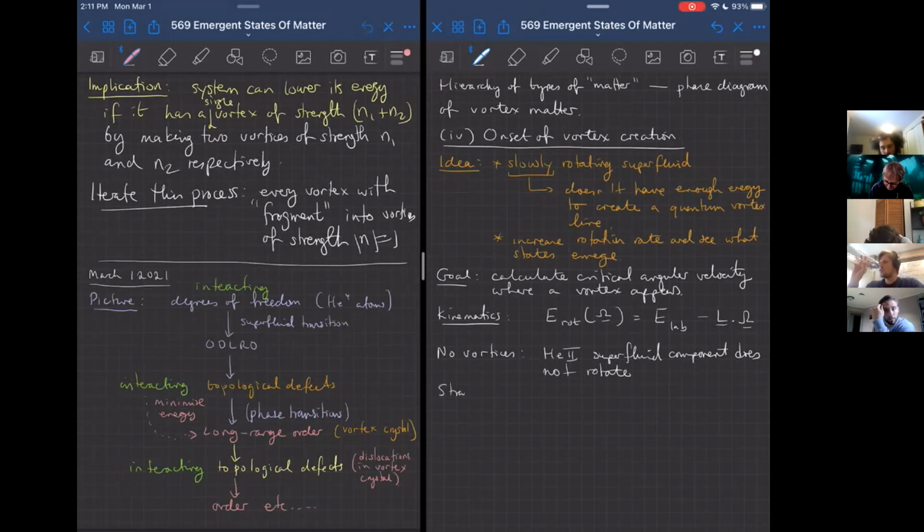So the strategy that we're going to undertake is to compute the energy difference between this state and a state with one vortex.